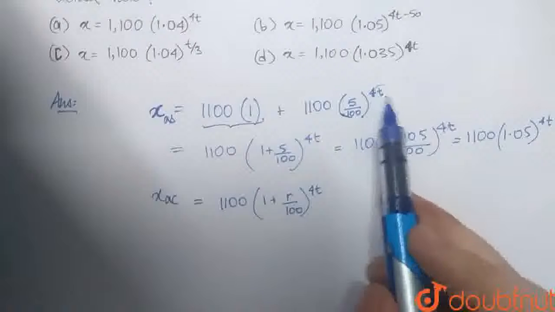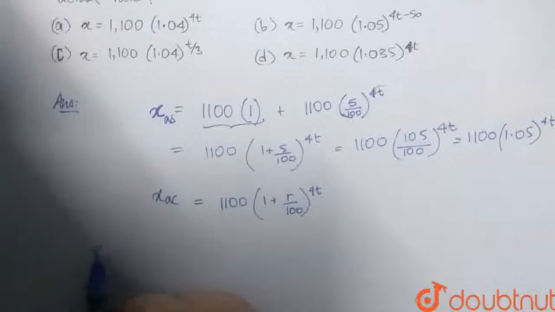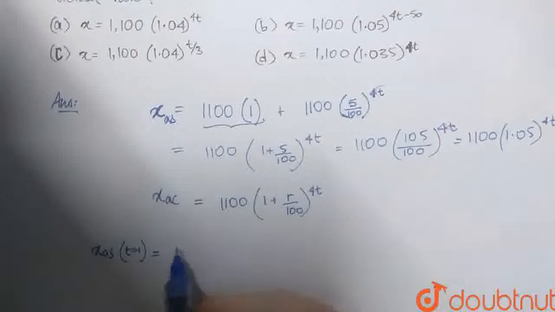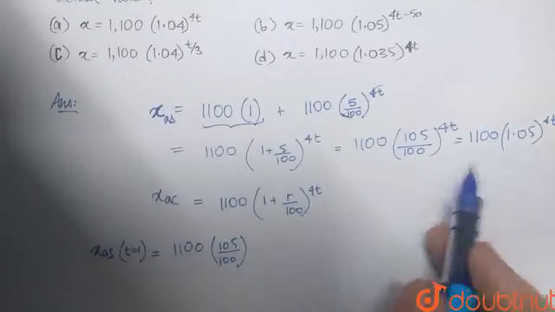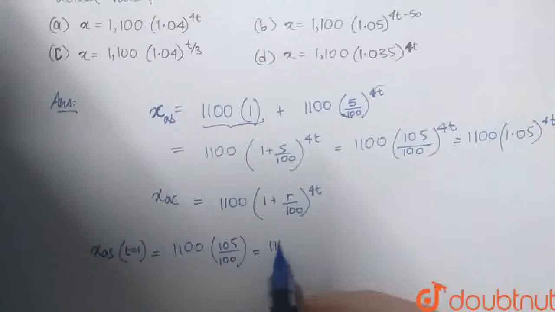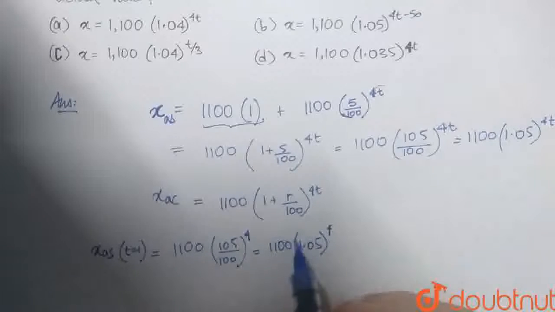So after 1 year, which means after t equals 1 in both these equations, XAS for t equals 1 is 1100 times 105 by 100, or 1.05, to the power of 4, since t is 1.